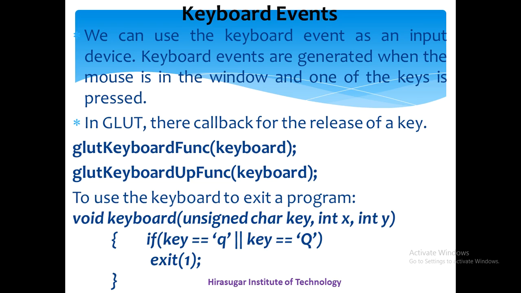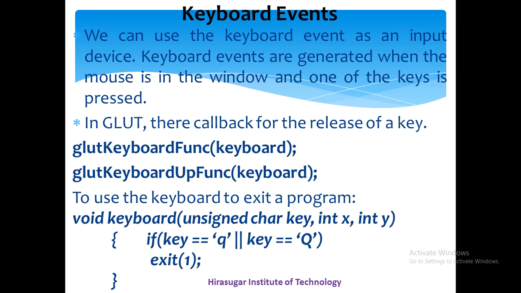Similarly, the keyboard function always returns first parameter as unsigned character key, and the next two parameters are integer x, integer y. It returns only 3 parameters, but the mouse was returning 4 parameters.